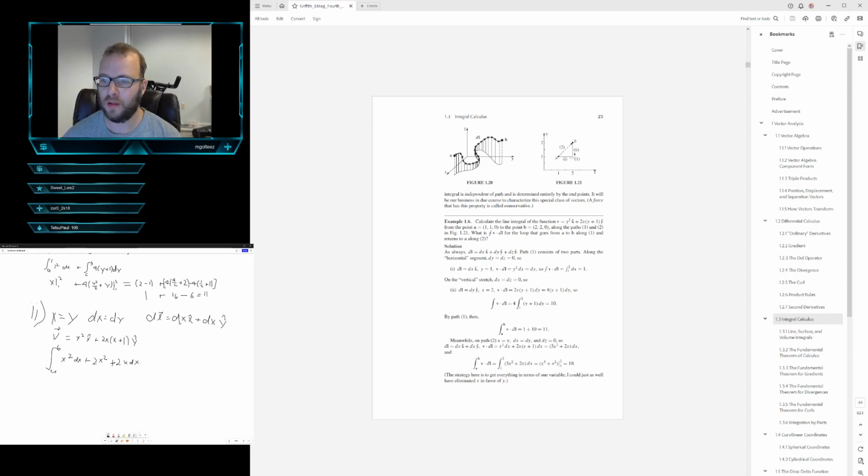Combining terms, from A to B, we have 3x squared plus 2x dx.